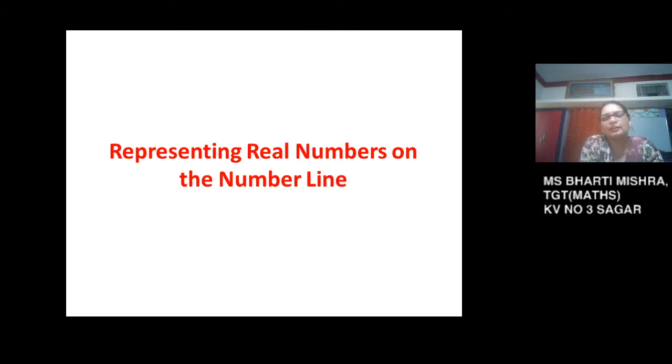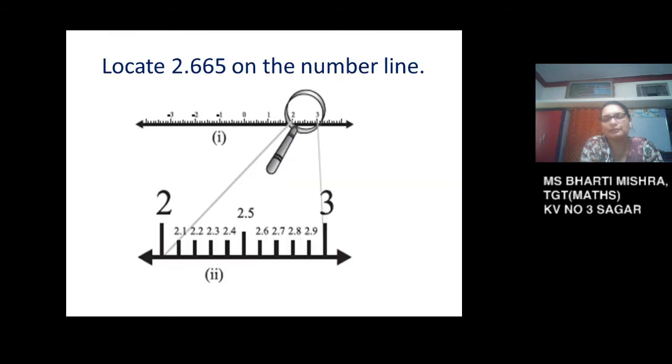We had learnt how to represent root 2, root 3, root 5 on a number line, making use of the Pythagoras theorem. In this topic further, we are going to represent some decimal numbers on the number line.